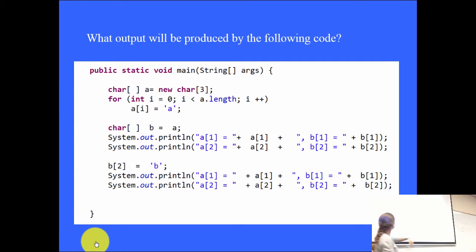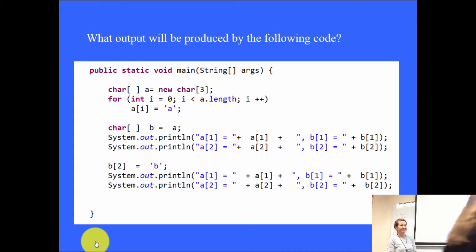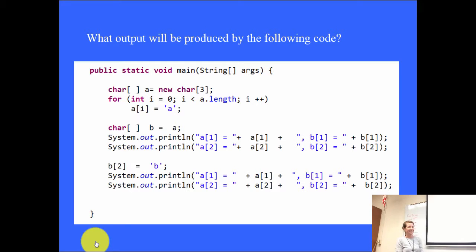A and A. Yes. And then down here, A, B1 equals A, A2 equals A, B2 equals B. And actually, that was the, well, not a trick.